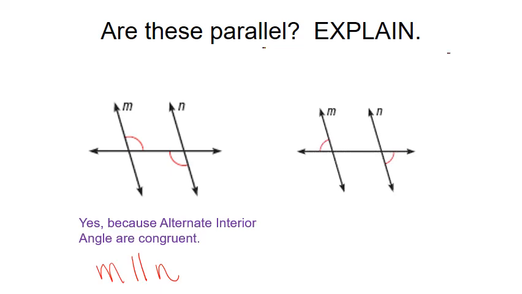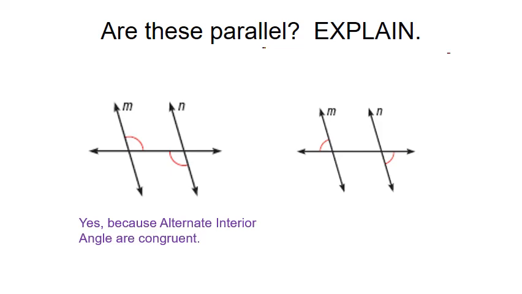If we look at the next example, we have hash marks again showing that this angle is congruent to this angle. Those two red angles are on the opposite sides of the transversal, and they both lie in the exterior part of the two lines. So that means that they are alternate exterior angles, and we also know that they're congruent.